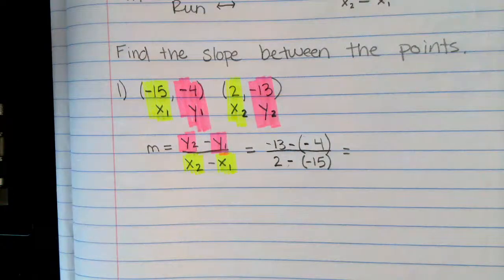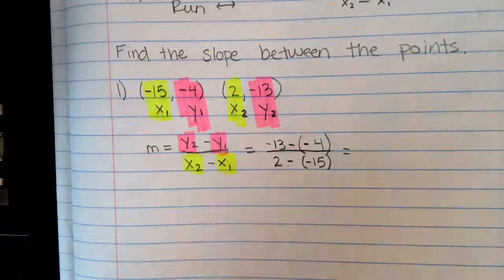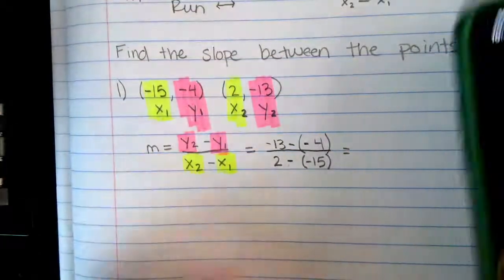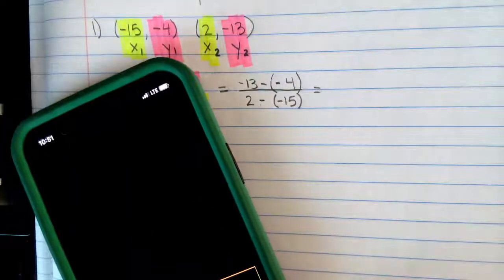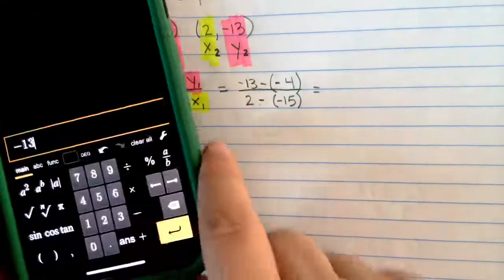All right, if subtracting is not your thing, that's okay. You can use a calculator at this point. Okay, negative 13 minus negative 4.